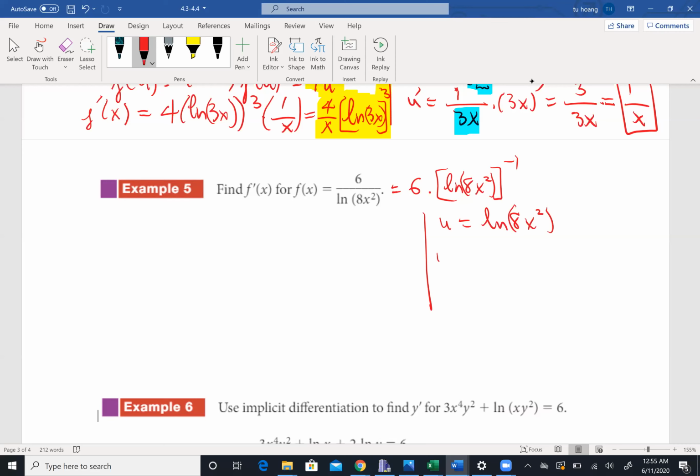So I'm gonna have u prime equal to 1 over the argument in here, which is 8x squared, and I have to multiply with the 8x squared derivative.